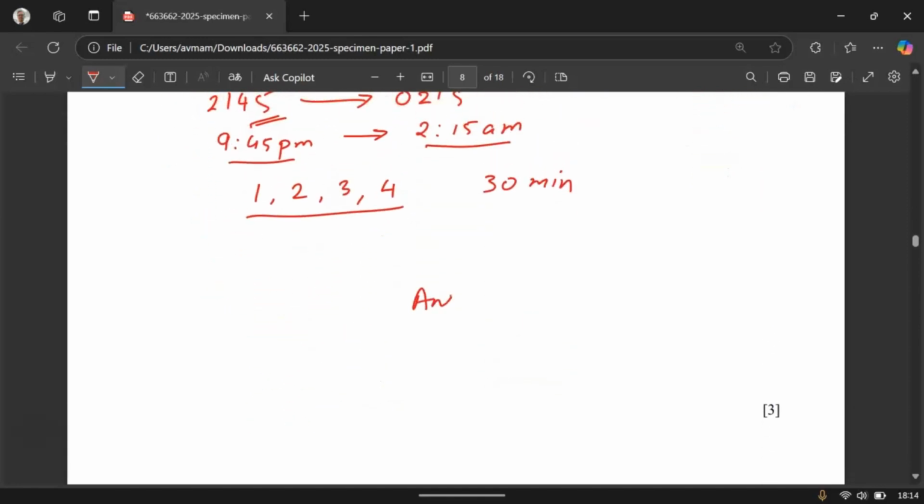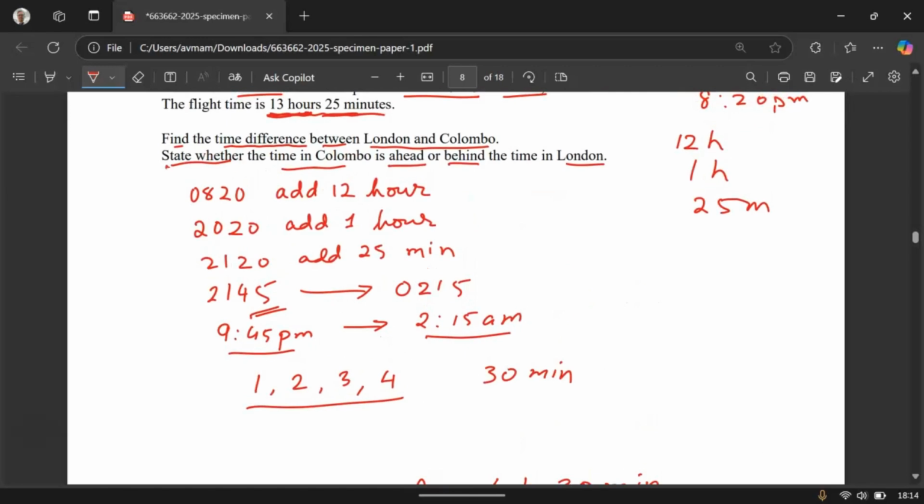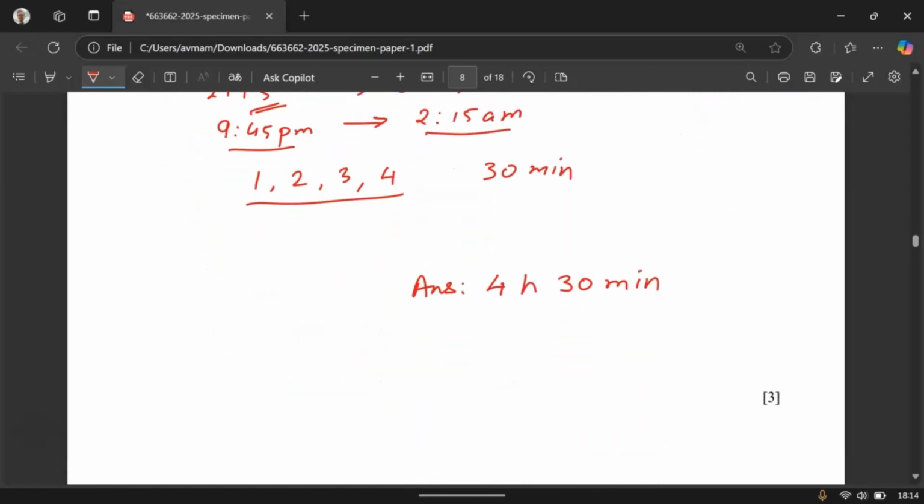So the answer for this is 4 hours and 30 minutes. And they also asked us to state whether the time in Colombo is ahead or behind. It is obviously ahead. Ahead 4 hours and 30 minutes.